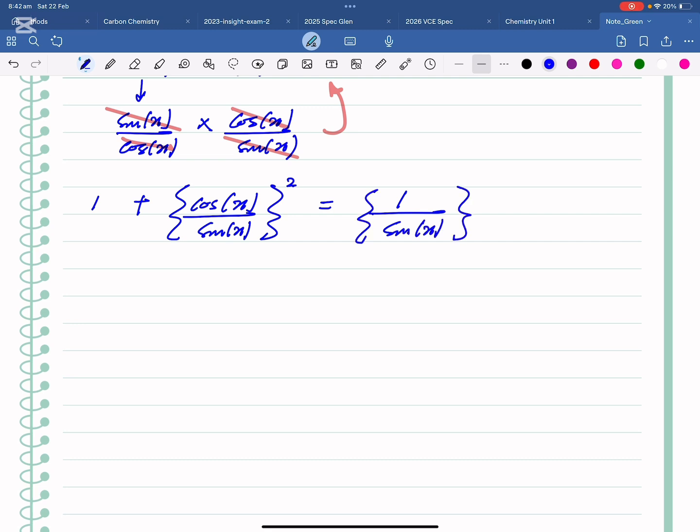Good. So finally this becomes 1 plus cot squared x is equal to cosec squared x.